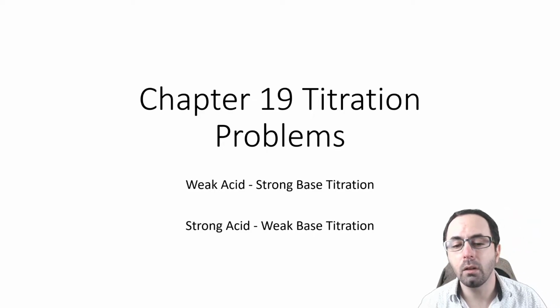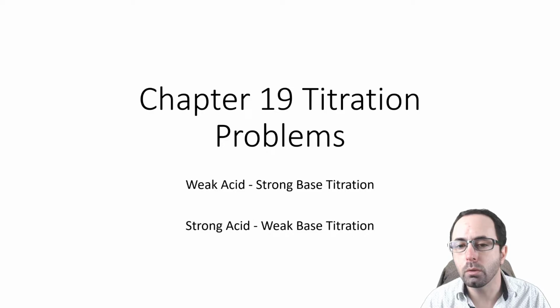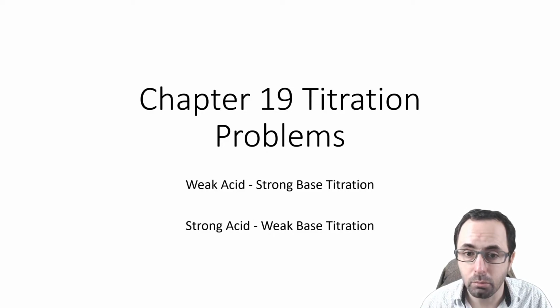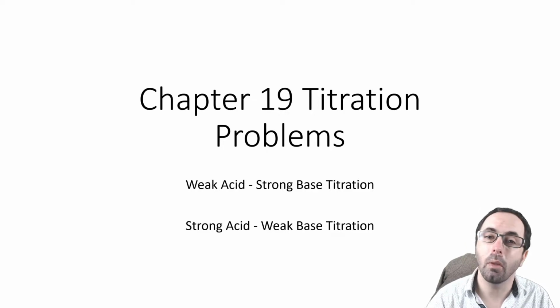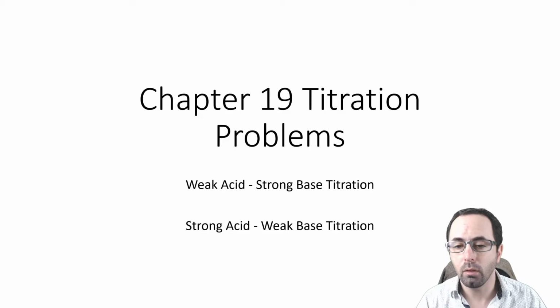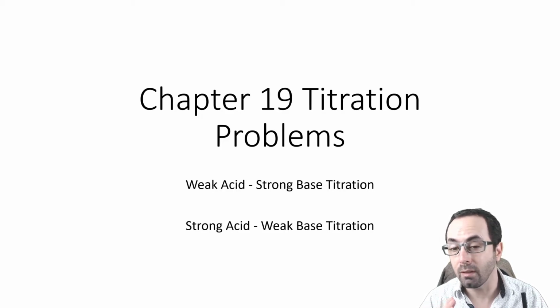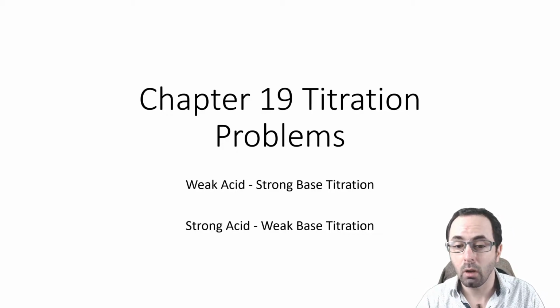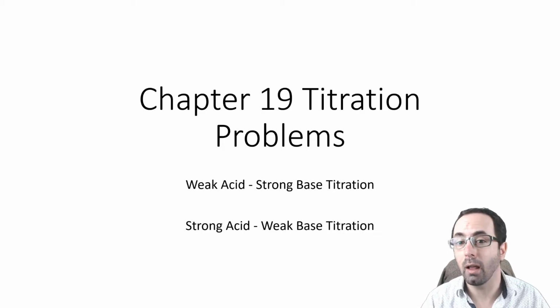And so what I'd like to do now is walk you through some of these relatively long and time-consuming titration problems where we calculate the pH of a titration at various points of the titration. I want to do these types of problems along the course of a single titration for weak acid strong base and strong acid weak base.